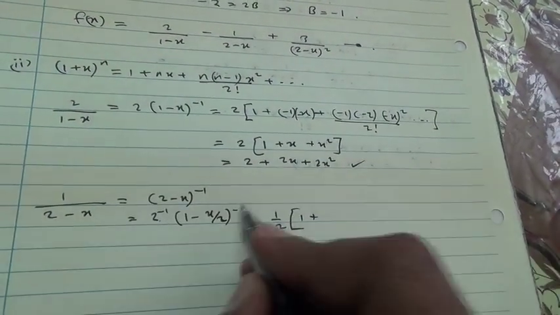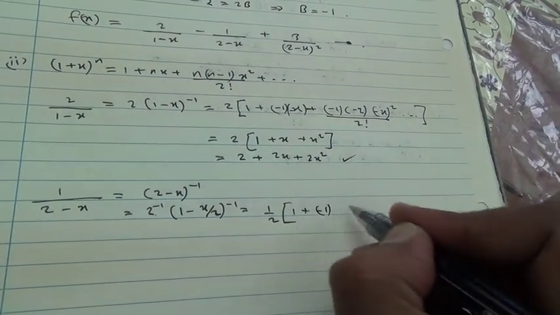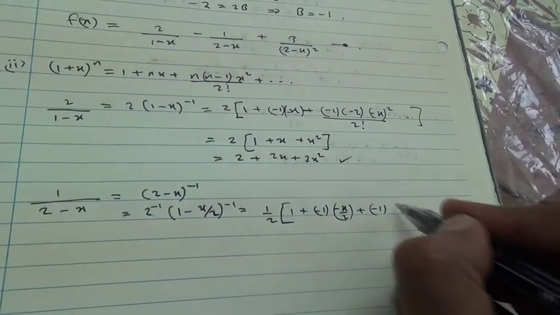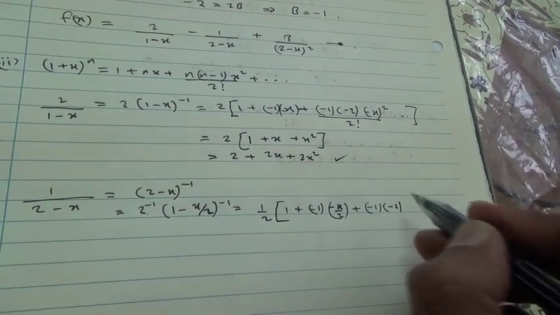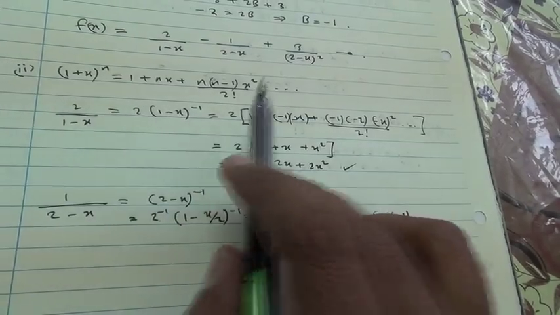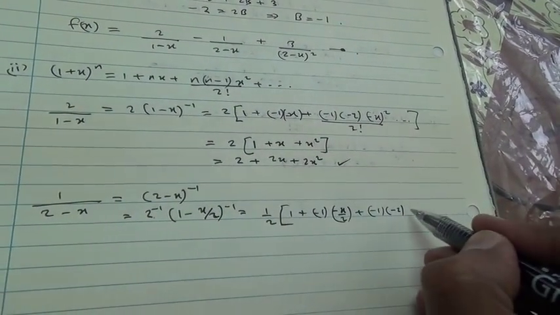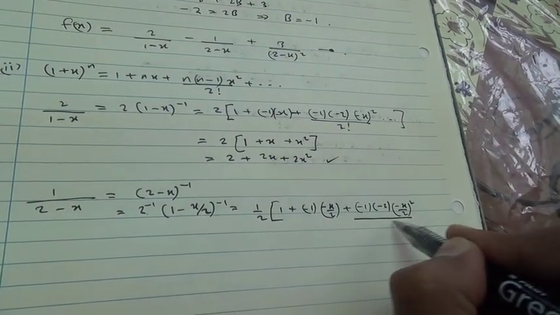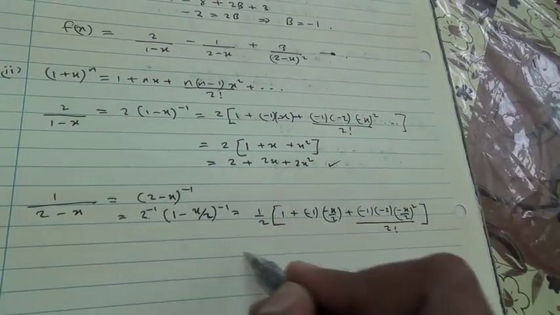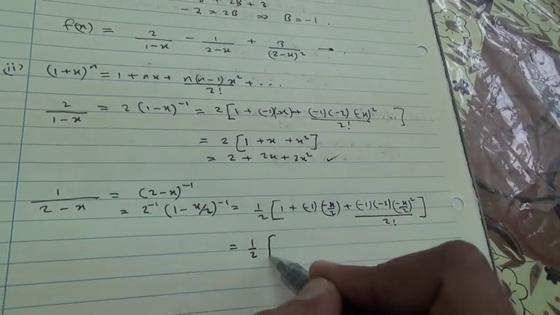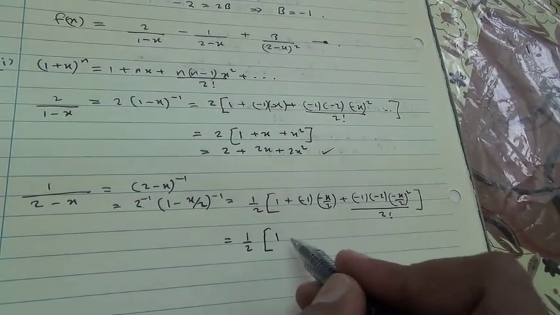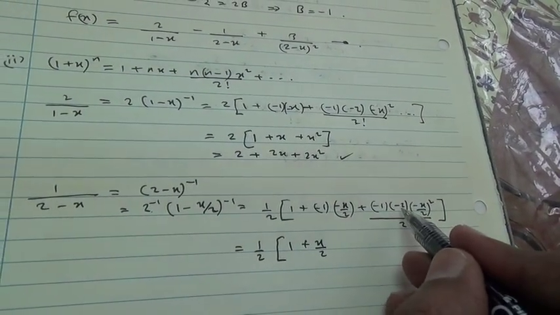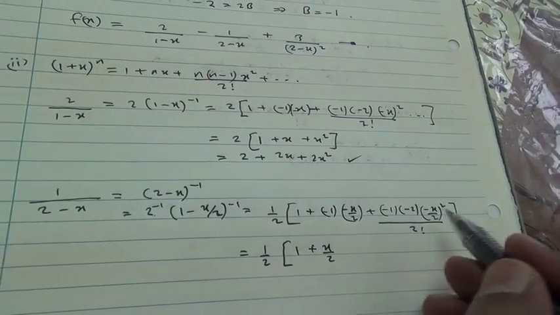Okay, what is nx? So minus 1 times minus x over 2, plus minus 1 minus 2 times, because n minus 1 and minus 2, times minus x over 2 squared, all divided by factorial of 2. So that's going to give us half into 1 minus minus becomes plus x over 2, minus 1 times minus 2 is plus 2.